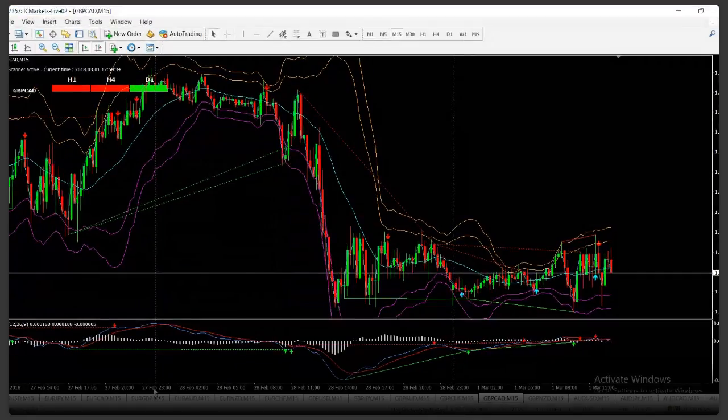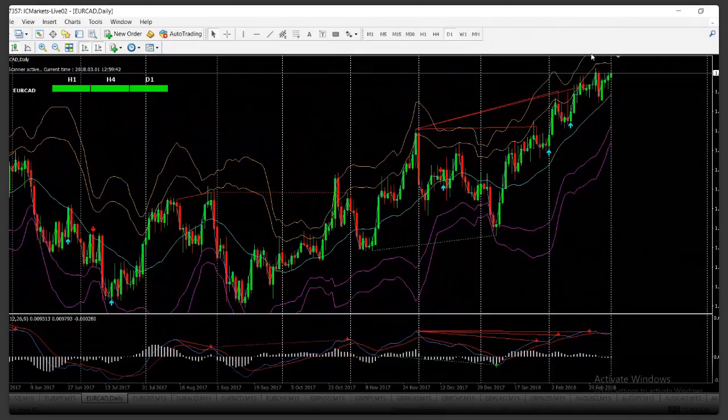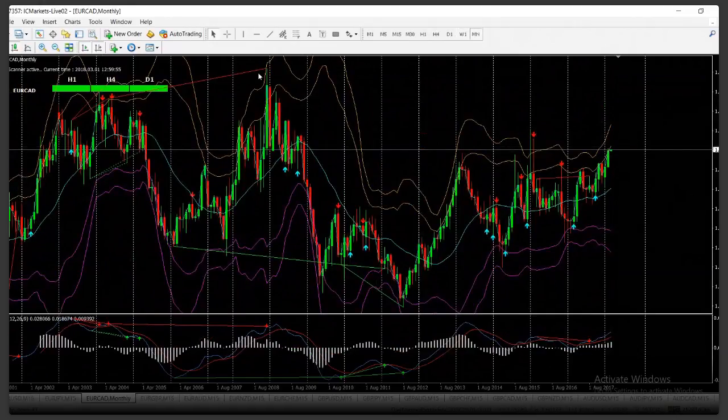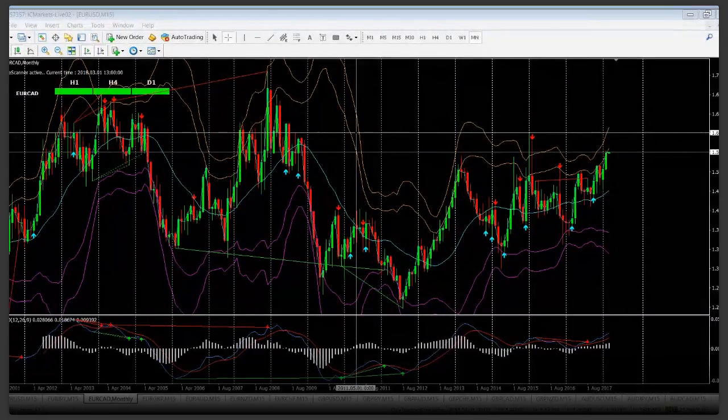Euro CAD sell signal. We took a buy signal. Let's look at the price action here. On the daily chart, very choppy, coming into maybe an area. So it could be a longer term. So let's look at the monthly. This is huge.